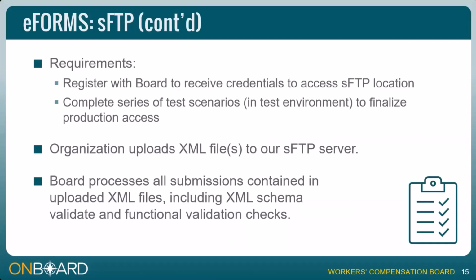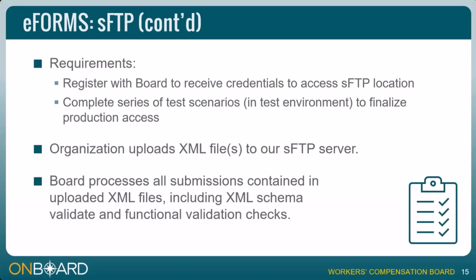for each organization. After successful registration, like REST APIs, organizations need to complete a series of test scenarios in our test environment to finalize production access. This is to make sure the connectivity is good and you're able to access the sFTP location. Once the requirements are met, the organization's client application will submit the RFA-2 transaction in XML format to the board.